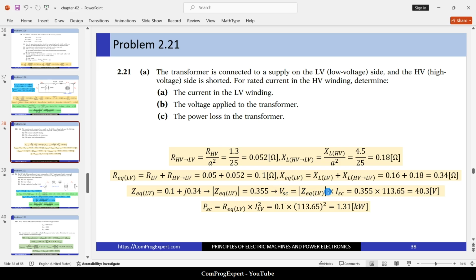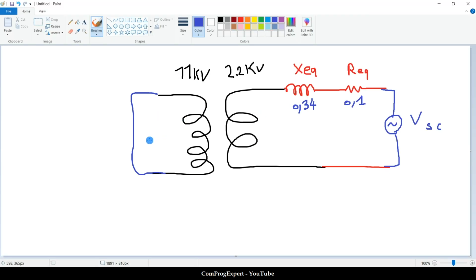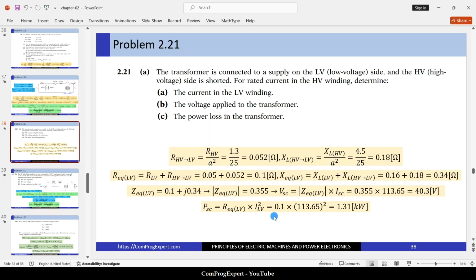It is the amplitude of the Z equivalent times the short circuit current. So you know that if we are going to have this high voltage current here, the value of the current for the low voltage side will be equal to its rated value. What is the rated value of the current for the low voltage side?